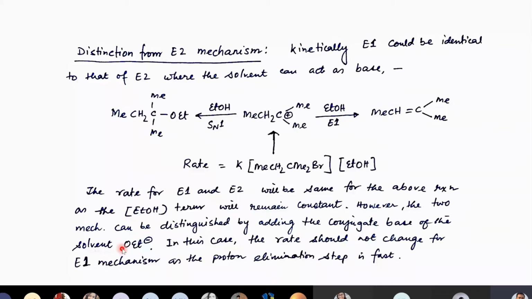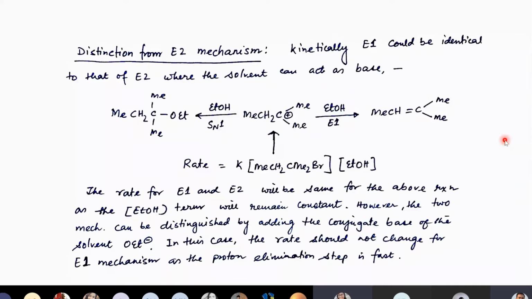Correct? So if the rate increases with OH minus, it says that this reaction is not an E1 pathway, but an E2 mechanism. But in this case, the rate actually did not change, which indicates that this is an E1 mechanism. Clear?